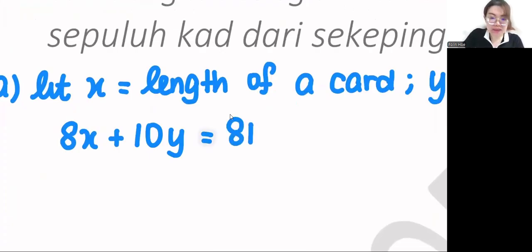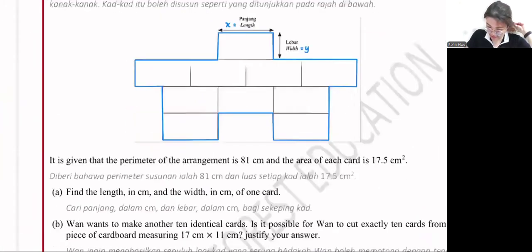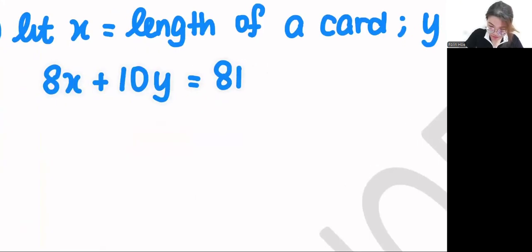After that, the area equals 17.5. Area is the length multiplied by the width, so x multiplied by y equals 17.5.